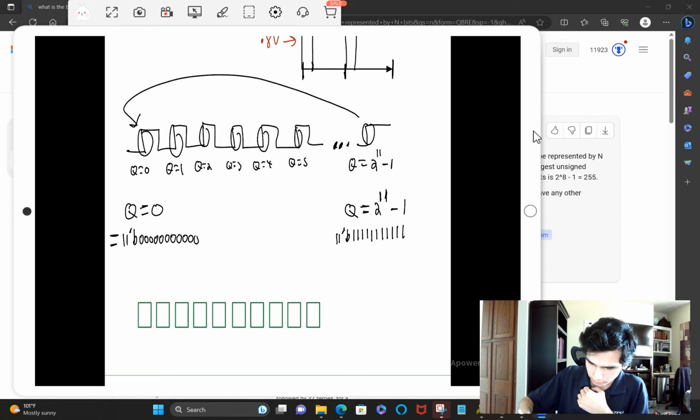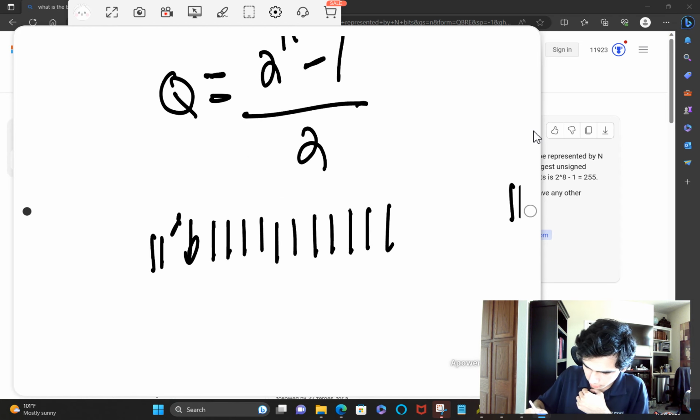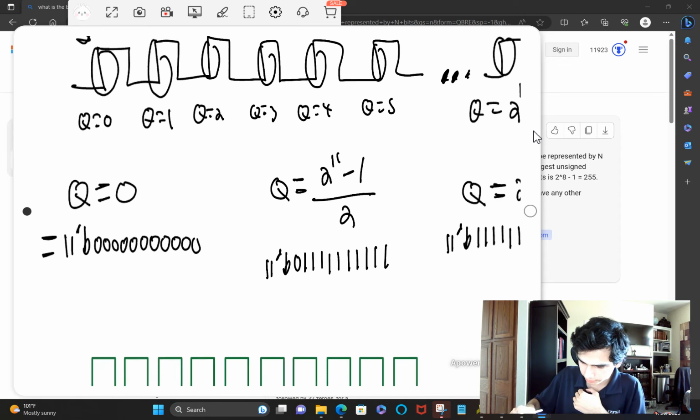In the middle, at the center, Q is equal to 2 to the 11 minus 1 over 2. And in binary, that's equal to this.